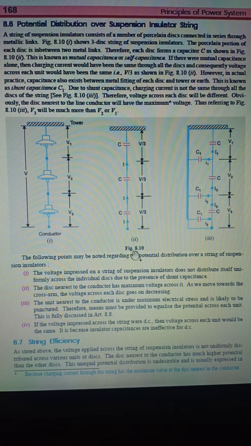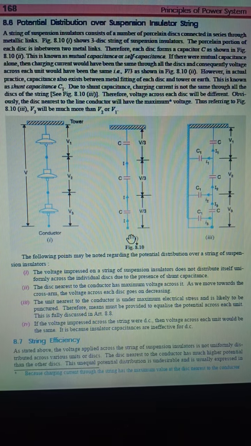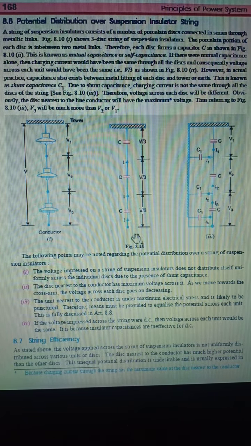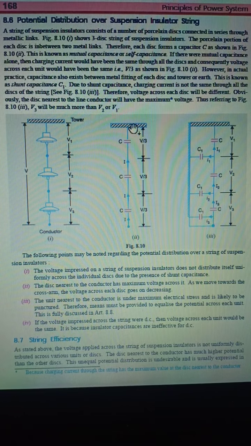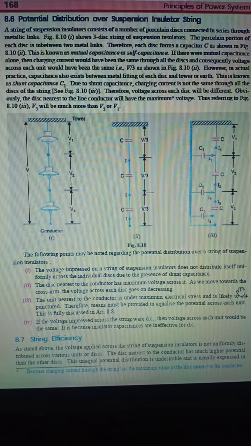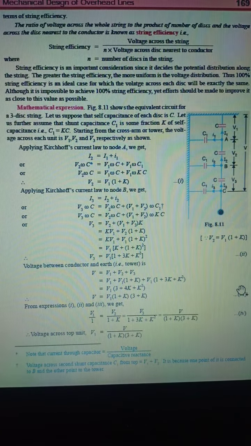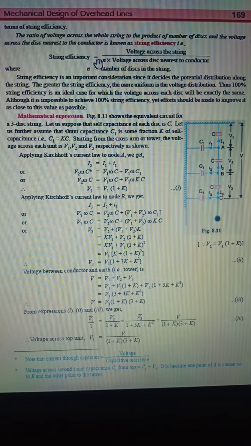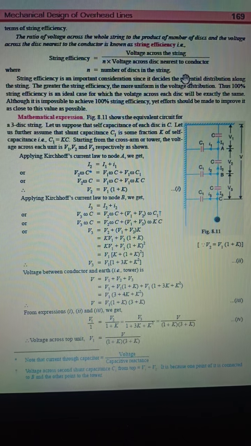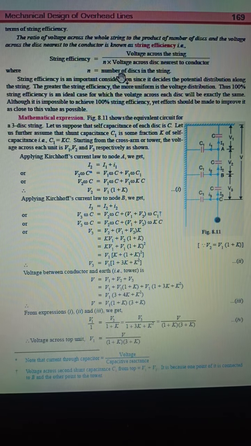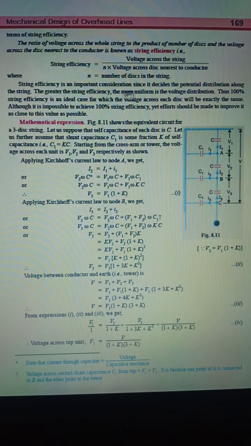The disc nearest to the conductor has much higher potential than the other discs. This unequal potential distribution is undesirable, and it is usually expressed in terms of string efficiency. String efficiency is the ratio of the voltage across the whole string to the product of the number of discs and the voltage across the disc nearest to the conductor.